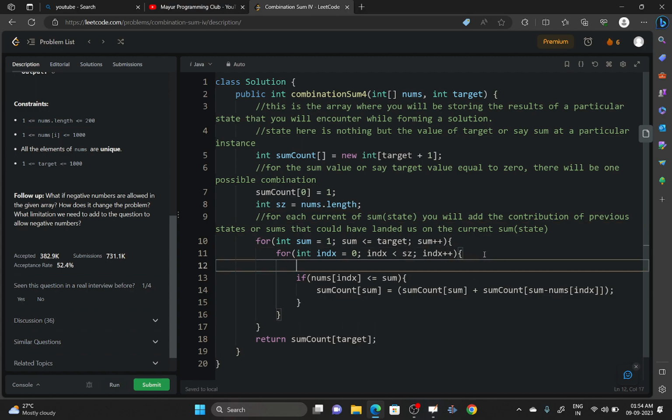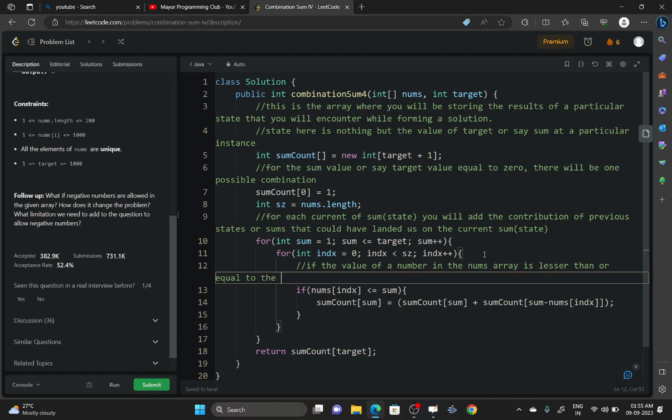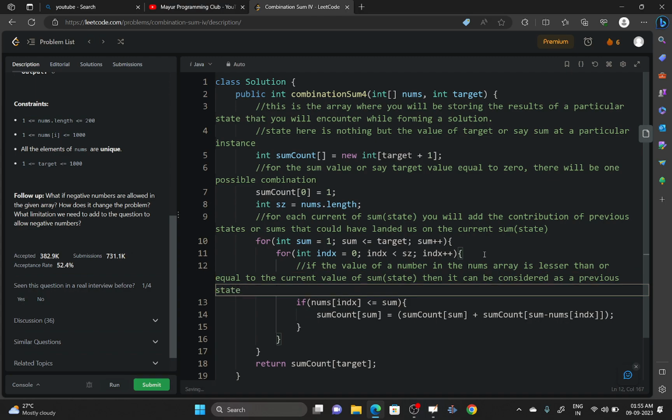So if the value of a number in the nums array is less than or equal to the current value of sum, or say state, then it can be considered as a previous state for the current state, and it will contribute to the current state.